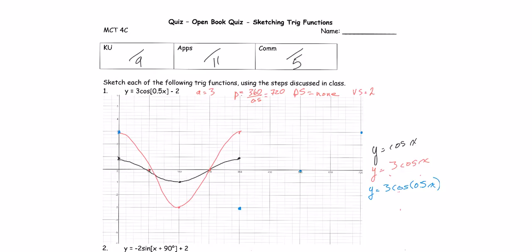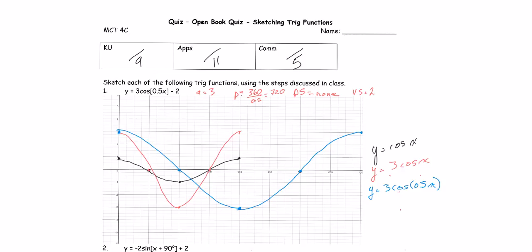And then similarly, we'll do the same for our other crossing point. And now we take a moment and we draw our new parabola. Not parabola. Cosine curve.